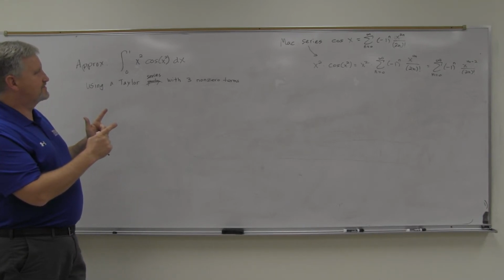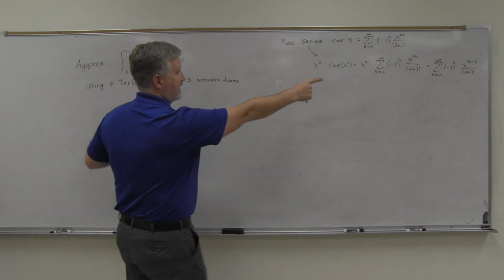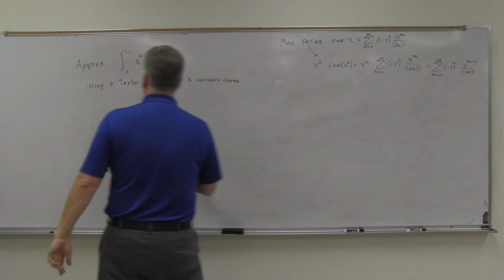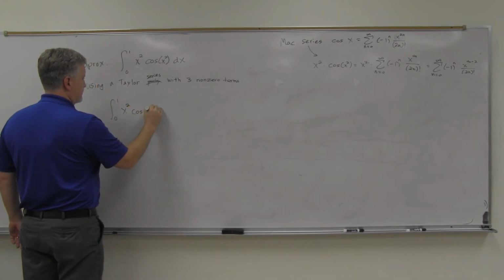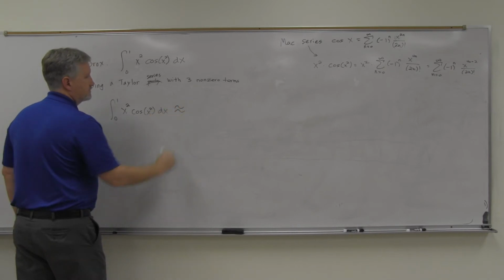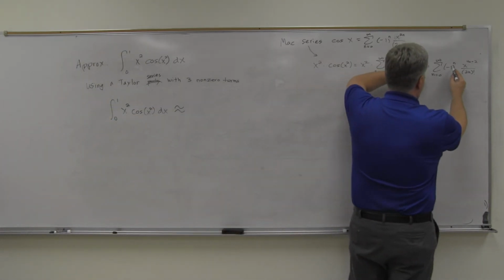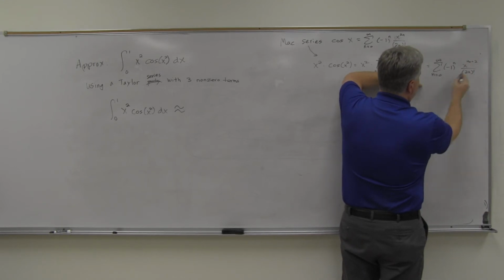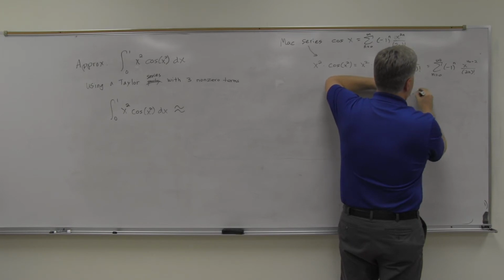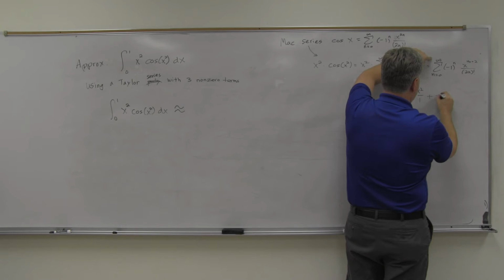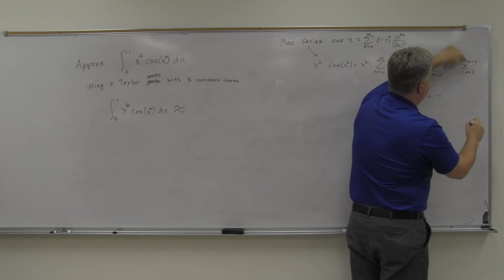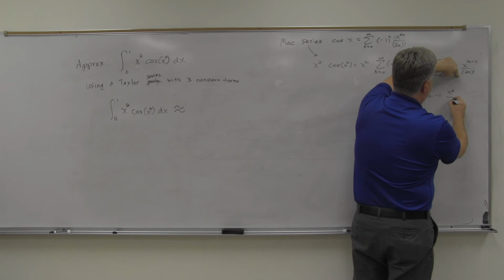let's see. So, this integral, I can write it approximately. If I do the first 3 non-zero terms, let's write these terms out. So that'd be 1 x to the second over 0 factorial, so that's 1. Then the second term would be n equals 1, so that'd be negative 1 times x to the 6th over 2 factorial.